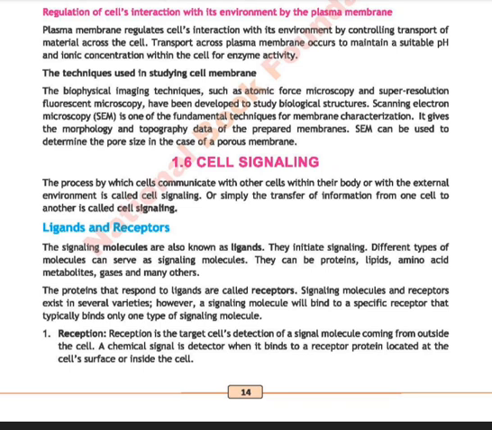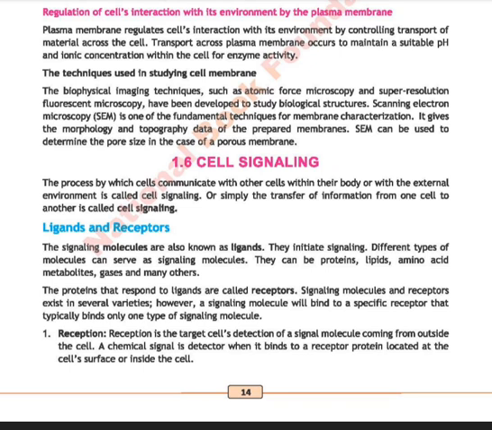The techniques used in studying cell membrane. Biophysical imaging techniques such as atomic force microscopy and super resolution fluorescent microscopy have been developed to study biological structures. Scanning electron microscopy is one of the fundamental techniques for membrane characterization.